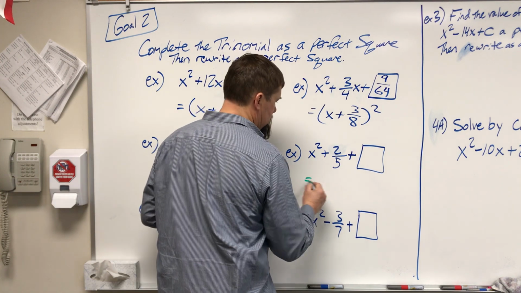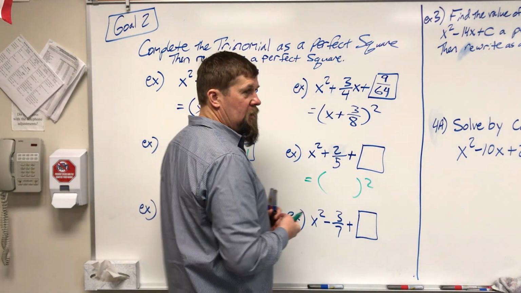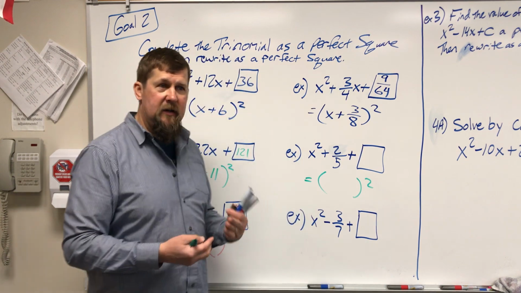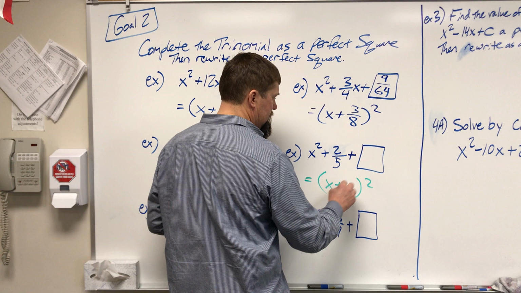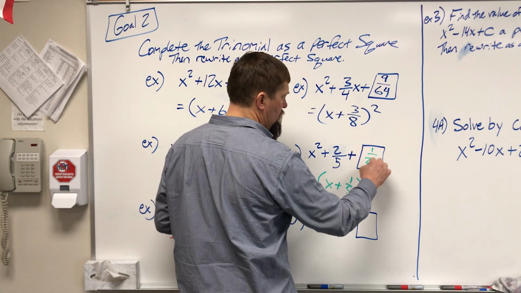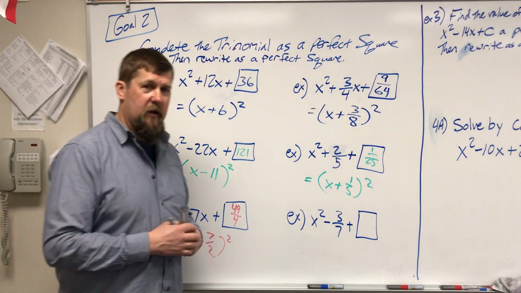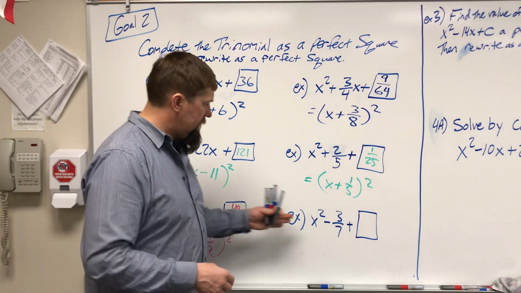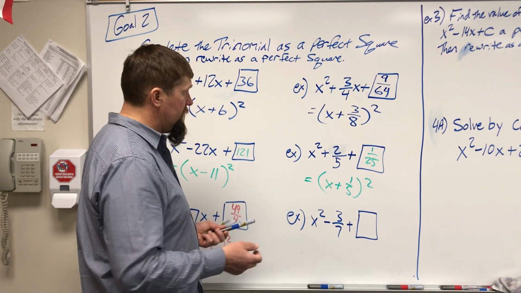All right, next one. Half of 2/5. Well, since the numerator is even, we're going to just take half of it. So x plus 1/5. And of course, we square that, we get 1/25. Okay, so there's how you complete that one. The next one, we have an odd number on the top, odd number in the bottom.